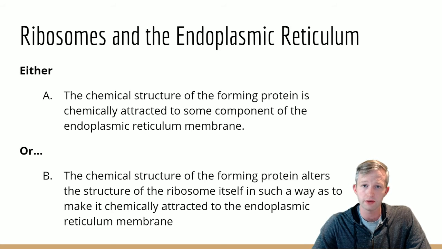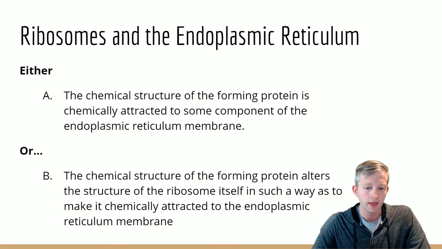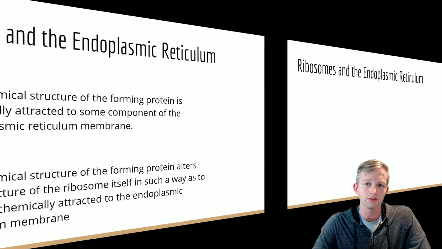So that's also a possibility, that the forming protein directs the change in shape of the ribosome itself, which then leads it to being more susceptible to an attraction with the ER. And I'll be honest with you, it doesn't matter which one of these is the answer. The point is that we understand there's an underlying chemical interaction that's driving this decision. And it's not even so much a decision in a traditional sense as more of a consequence of how it has to be because of these chemical interactions.